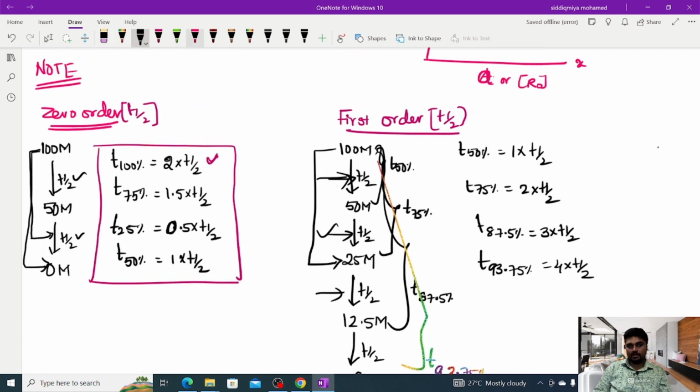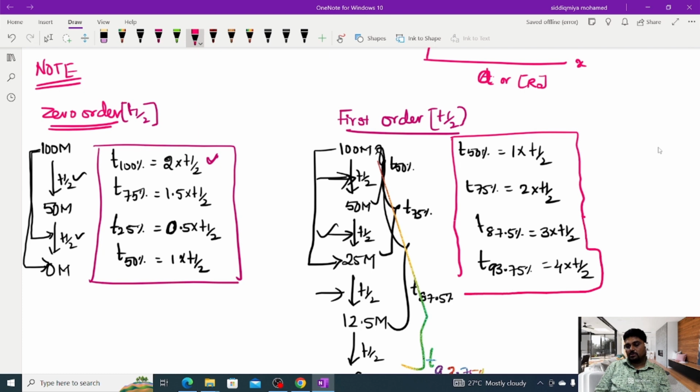These are the shortcut formulas. T50% is equal to 1 into T half, T75% is equal to 2 into T half, T87.5% is equal to 3 T half, T93.75% is equal to 4 T half.